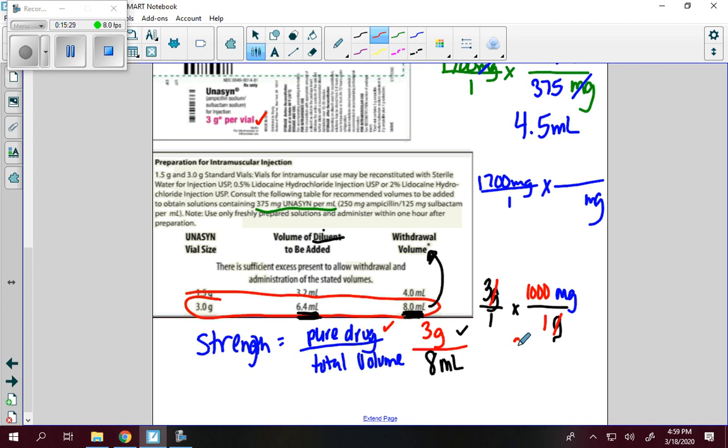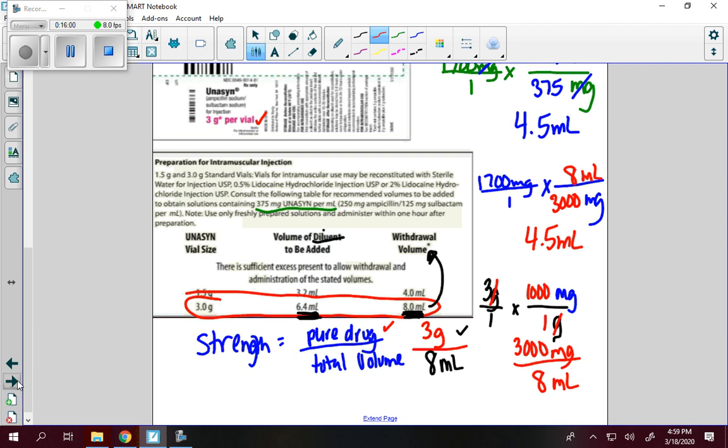So there are 3,000 milligrams for every 8 milliliters of solution. So you have 3,000 milligrams for every 8 milliliter solution, and if you do the math on this, you'll also come out with 4.5 milliliters. So it doesn't matter where you found the strength in that label. The point is you have to find that strength somewhere in the label to do your calculations.